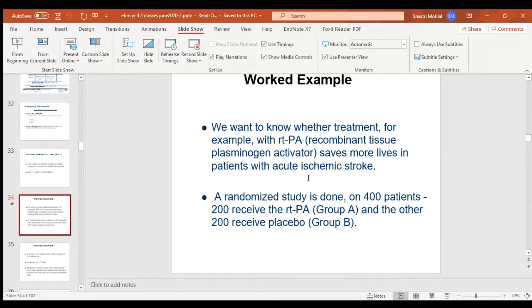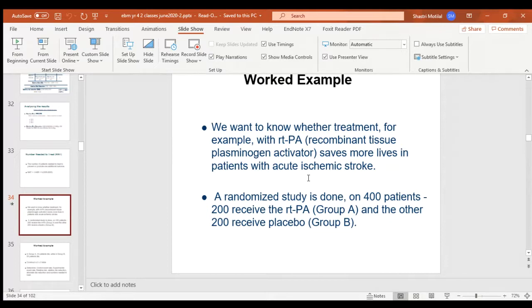We want to know if it really saves more lives in people with acute ischemic stroke. The evidence confirms that it does save lives and prevent disability, once people can get to the hospital and get the treatment within about 4.5 hours from the onset of symptoms. That rarely happens in our setting, because people often don't get to the hospital, get the CT scan, and get the treatment in time.